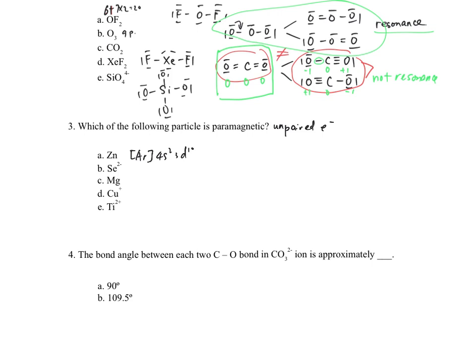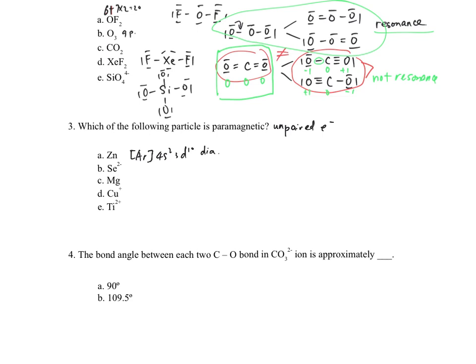Every single orbital zinc has here is completely filled, so definitely diamagnetic. Selenium 2 negative ion.